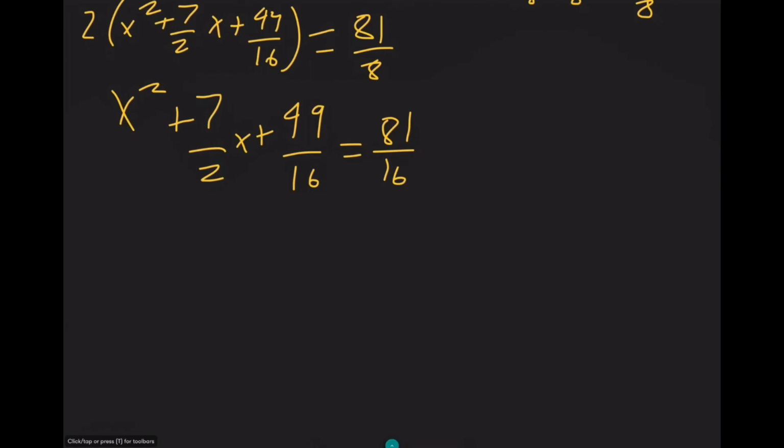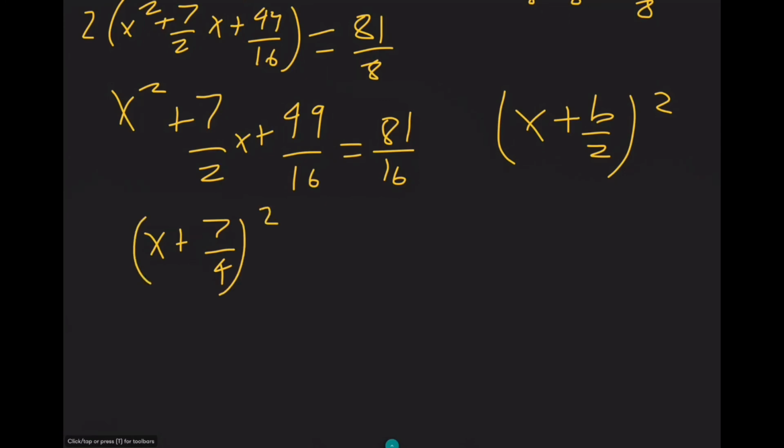And then we're going to want to simplify x squared plus 7 over 2x plus 49 over 16 by x plus b over 2 squared. So then it will be x plus 7 over 4 squared equals 81 over 16.